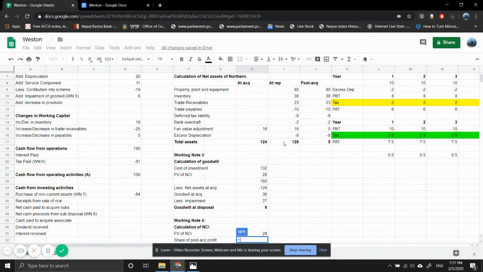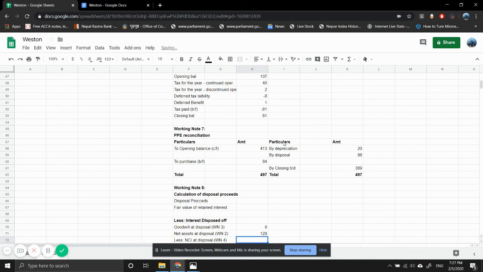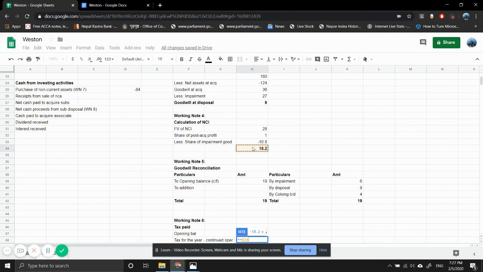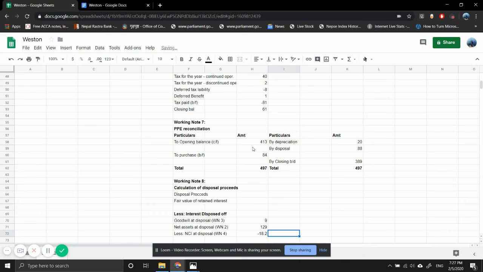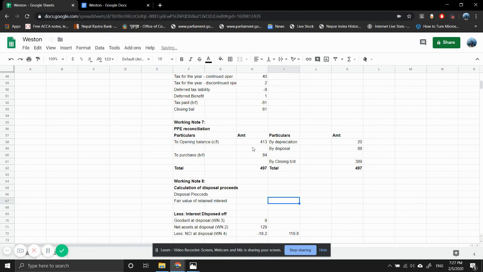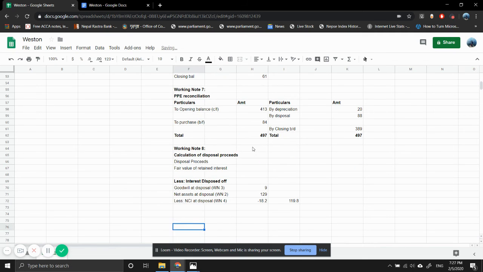This figure is this. This figure is minus this. Okay, so sum of this figure, since we know we had a loss, right? Loss on disposal. How much was the loss?